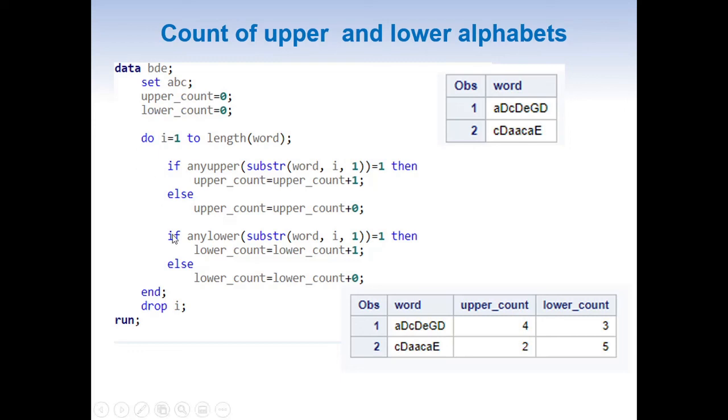Also, I have added a conditional statement wherein I check for a lowercase letter and add if there is one. This is exactly similar to what we have for uppercase letters, other than using the any lower function here and the variable lower underscore count. Once we run this whole code, we get the results as seen here.